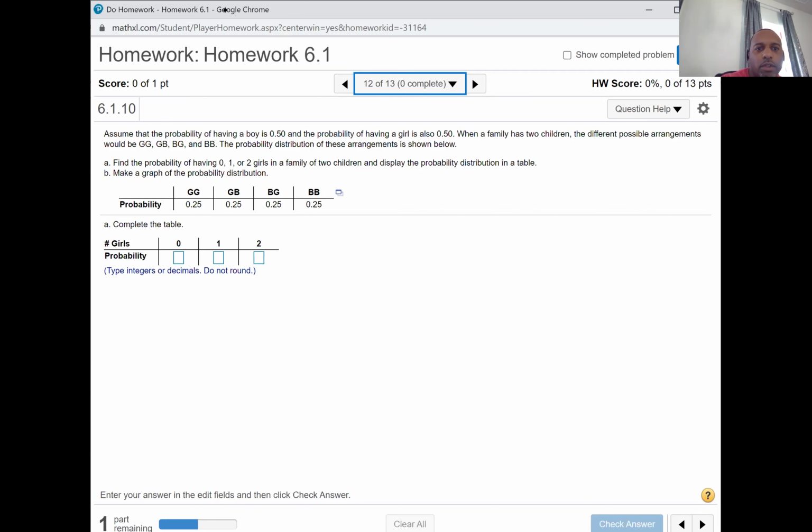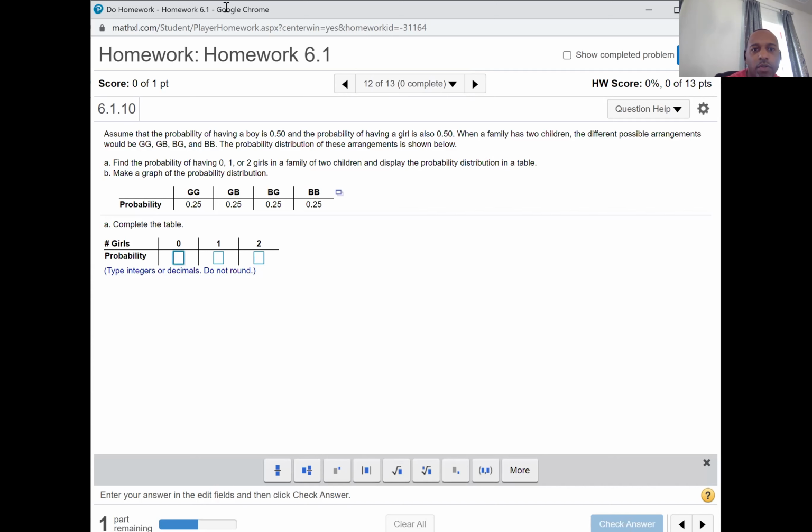They give us 0.25, 25% having two girls, 25% chance of girl then boy, boy then girl, then boy, boy. So what's the probability of having no girls? We're talking about two boys, which is 0.25. So we're going off of the chart right here.